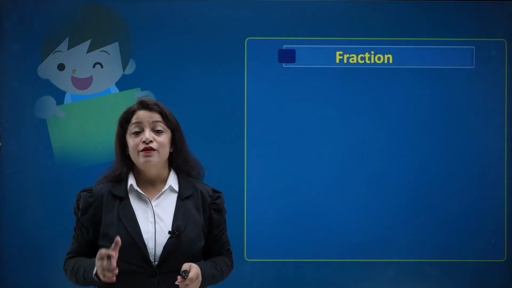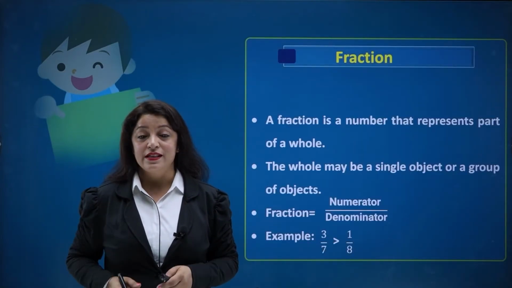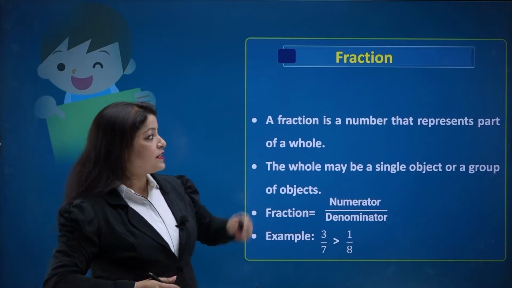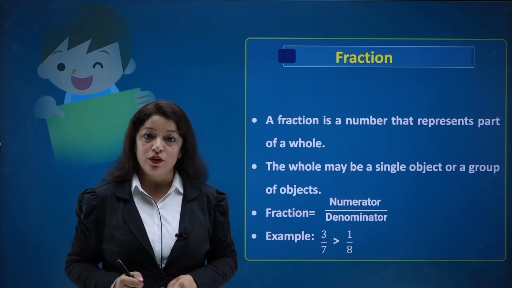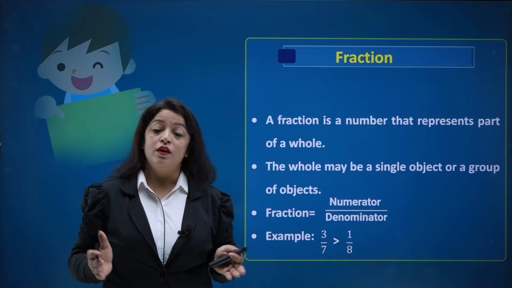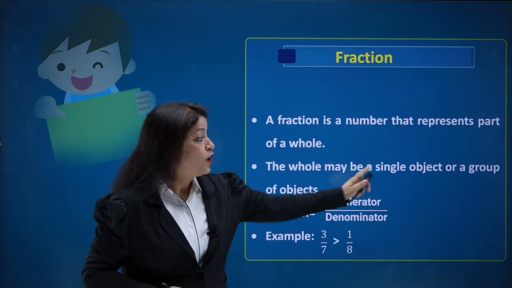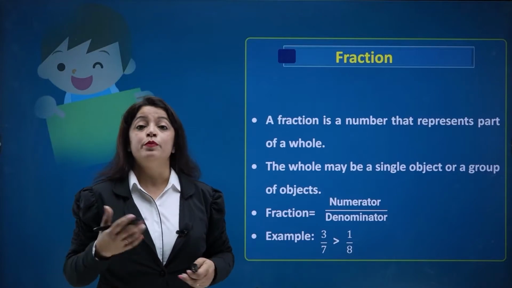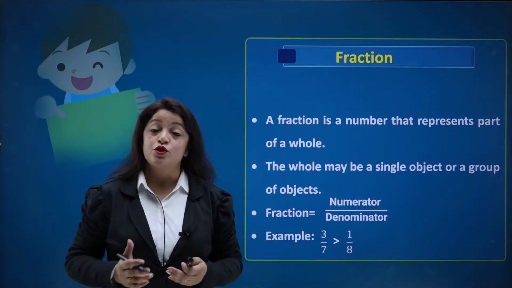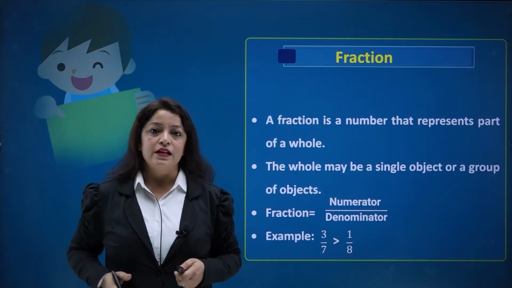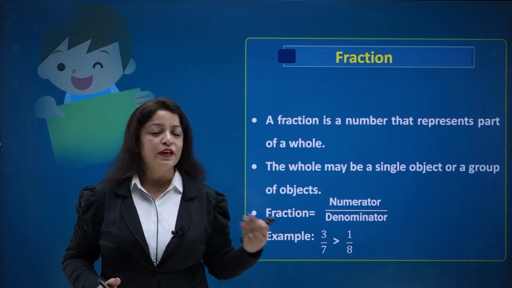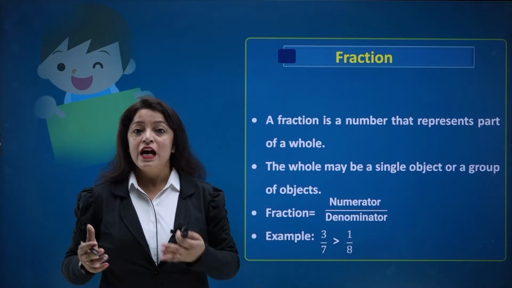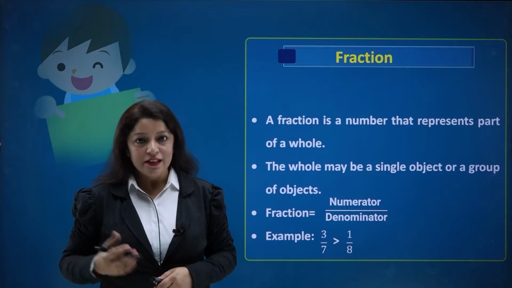Let us see how we can represent a part as a whole. A fraction is a number that represents part of a whole, right? The whole may be a single object here, or it may be a group of objects also. Like you may say, in a group of students, that means in a class, if I say half of a class come out, that means half of the students from a class come out.